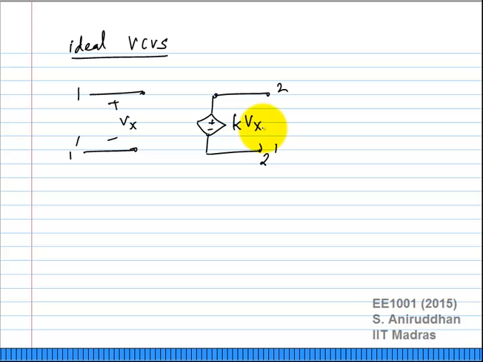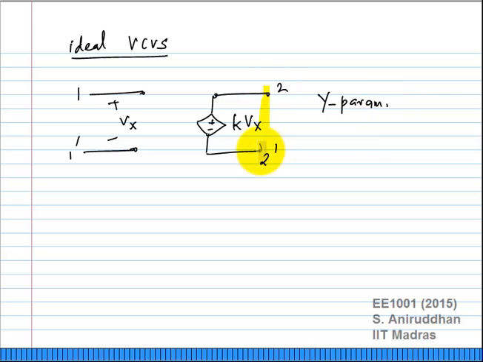Will Y parameters be suitable here? What are Y parameters also known as? Short circuit parameters, right? So you apply a voltage and try to find out the short circuit current.